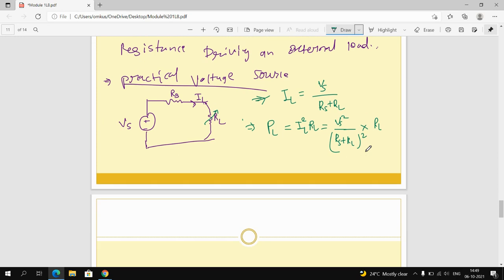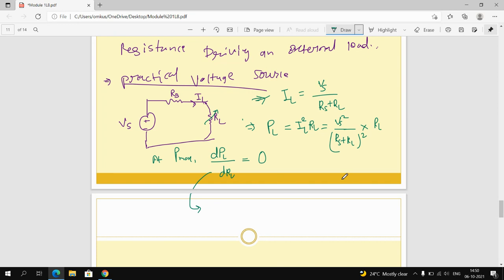Now for Pmax, the power transferred to the load, how to find that condition? By differentiating this with respect to the load resistance, right? To find the maximum value of any element, you need to differentiate it. So when you differentiate this equation and equate it with zero, you find the condition at which maximum power is delivered to that load.